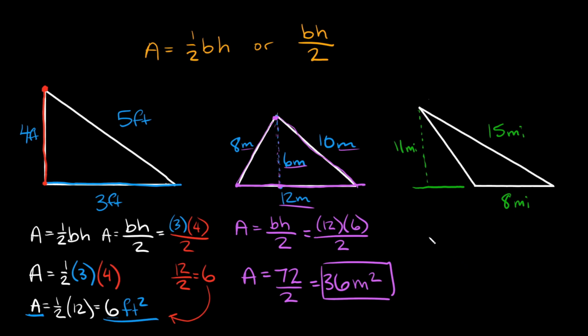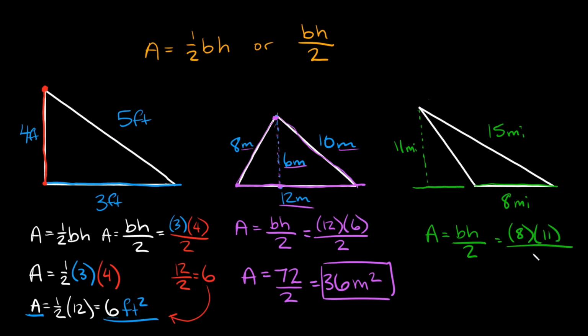Again, the formula is area is equal to the base times the height over 2. The base would just be this one, that's pretty easy to see. So the base would be 8, and then the height, would it be 15 or 11? It'd be 11, because that's the distance straight up and down.